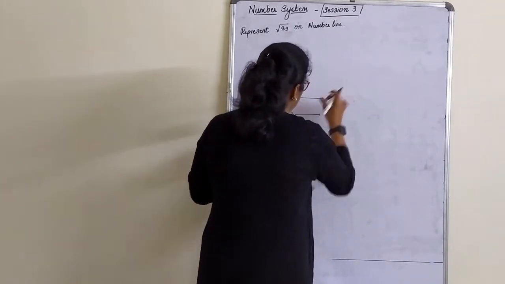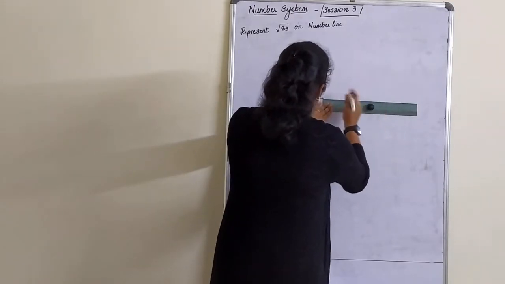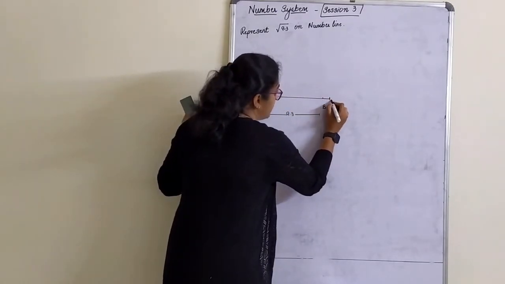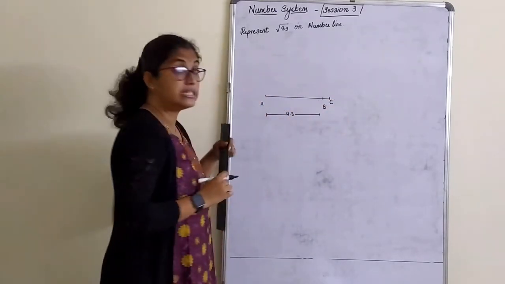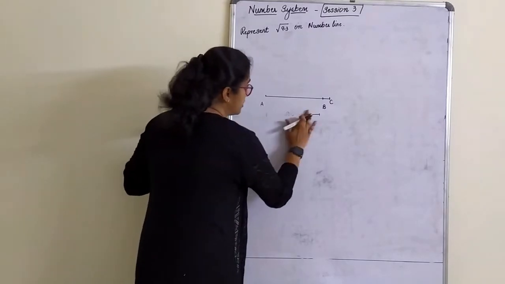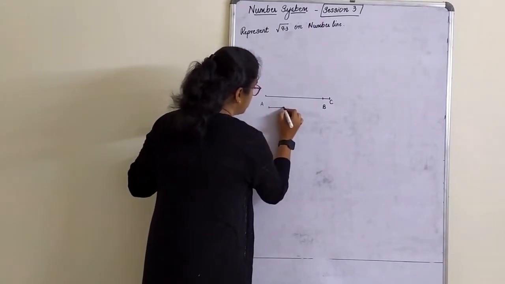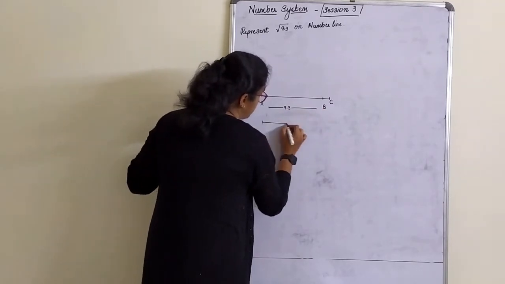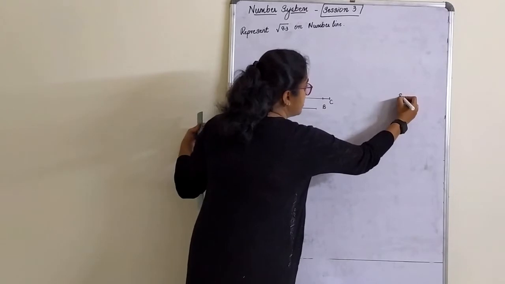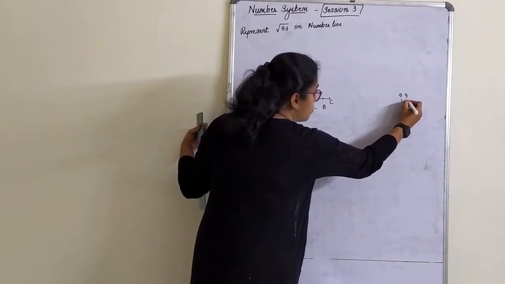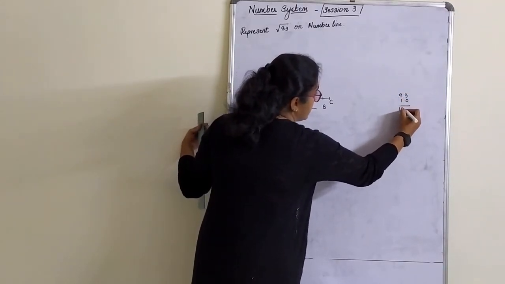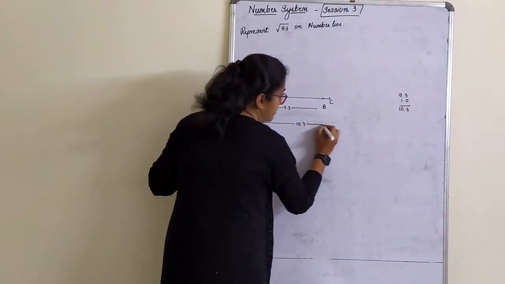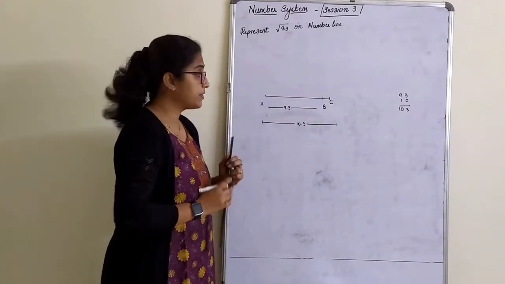This point I have represented, I will take as C. So now what is the total measurement here? The total line measurement is 9.3 plus 1.0, it is 10.3. My total line measurement is 10.3. Okay, keep that in your mind.